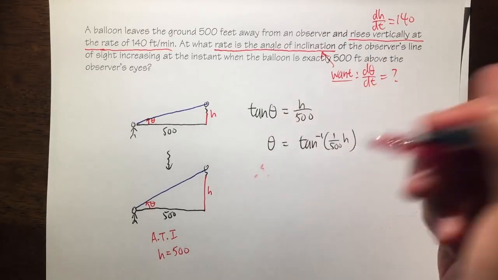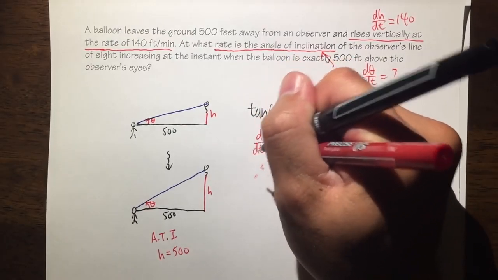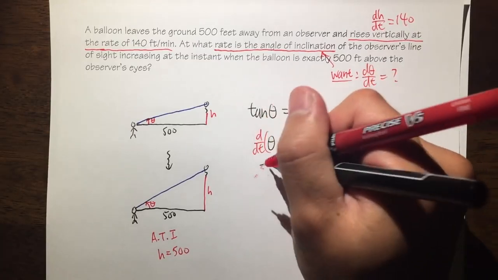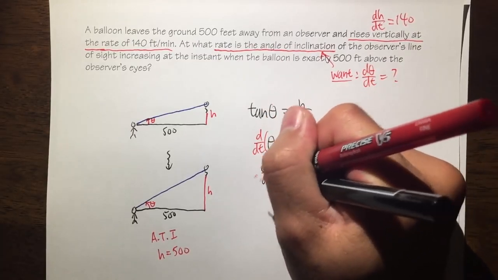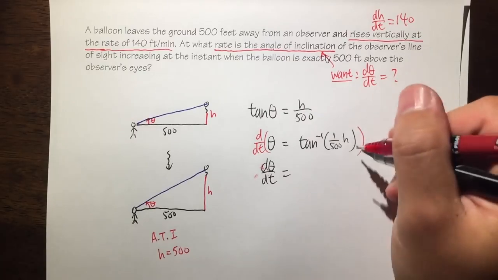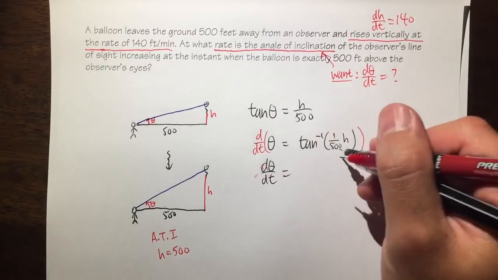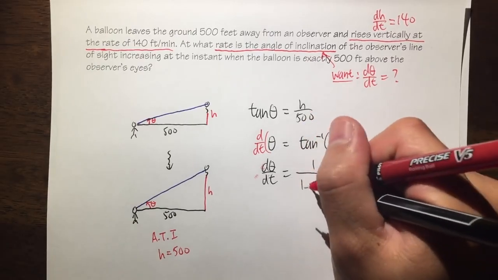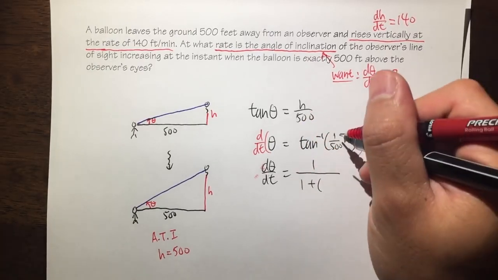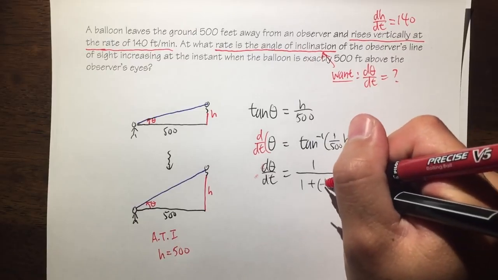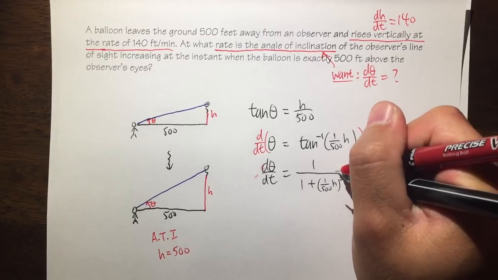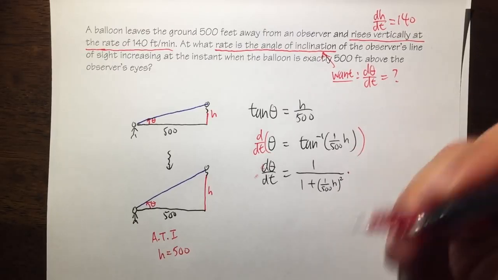Then I will differentiate with respect to time, because this way, on the left hand side, I get d theta/dt right away. On the right hand side, the derivative of inverse tangent of something is first 1 over 1 plus that something squared, so 1 over 500 times h, all squared. And then we do the chain rule.